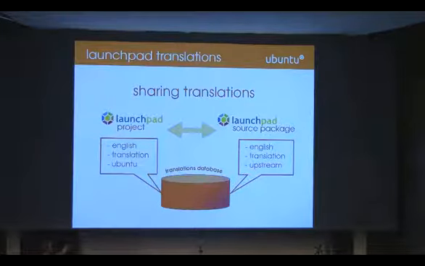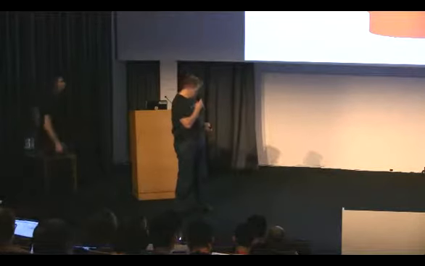Then it will be marked on this side. We can see that there's a different translation in Ubuntu for the same string, and the other way around, we'll see in Ubuntu that there's a different translation upstream, and we can either fix that by making them the same and choosing which one to use, or if there's a reason, leave it as it is. Okay, so that's what sharing translations is about.